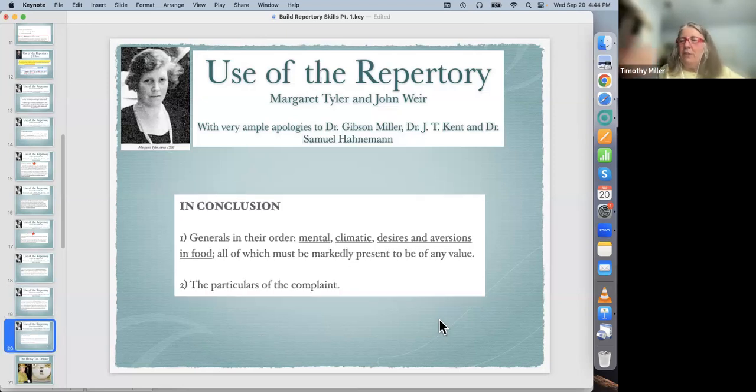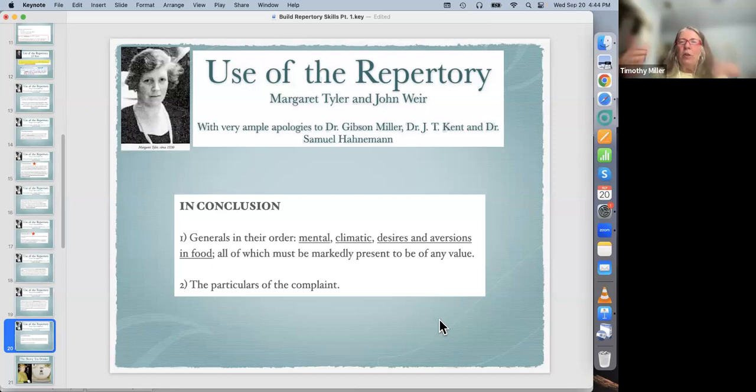In conclusion, and this is my summary from this couple of essays by Margaret Tyler, she is recommending we use the generalities, which she's divided into three groups: the mentals, what she calls the climatic sensitivities, and the food desires and aversions, all of which must be markedly present to be of any value. And then next in line, she suggests that we use the particulars of the complaint.